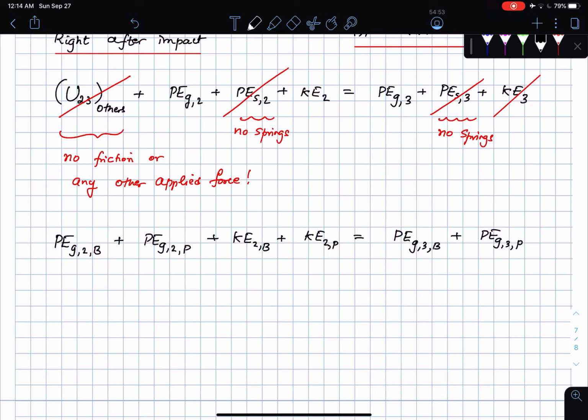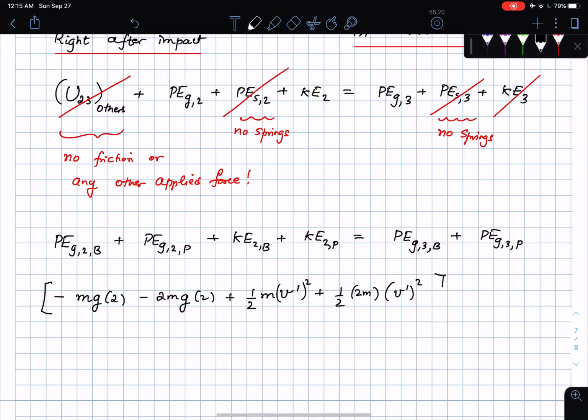Start substituting. This is going to be minus m times g times 2, minus 2m times g times 2. Then this is going to be half times m times v prime squared for the ball, plus half times 2m times v prime squared.